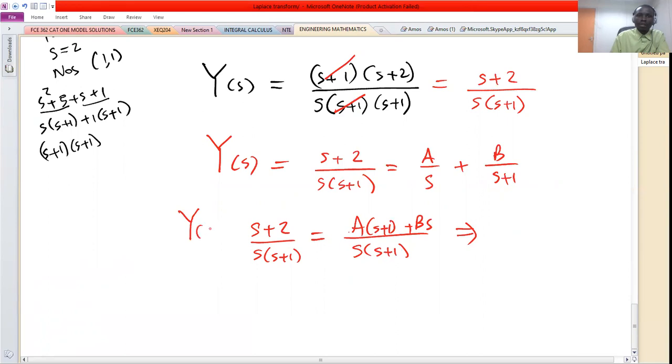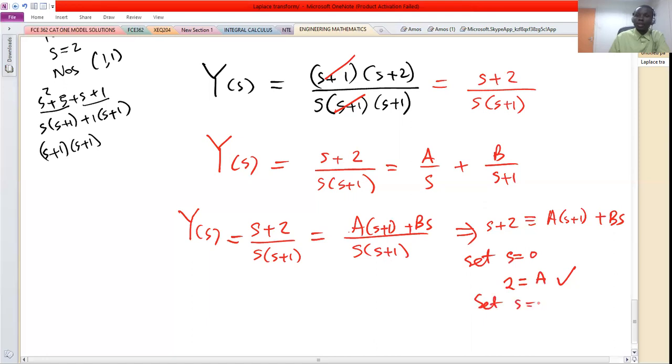So remember this is still Y of s, this tells us that s plus 2 must be equivalent to A into s plus 1, plus Bs. So when you set s to be 0, then the left hand side will give us 2 equals A. So therefore the value of A is 2. And when we set s to be -1, then we have 1 equals negative B, telling us that B equals -1. So therefore, capital Y of s is A, which is 2 over s, minus 1 over s plus 1.